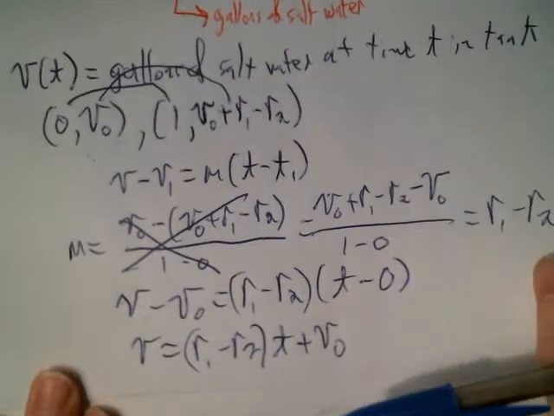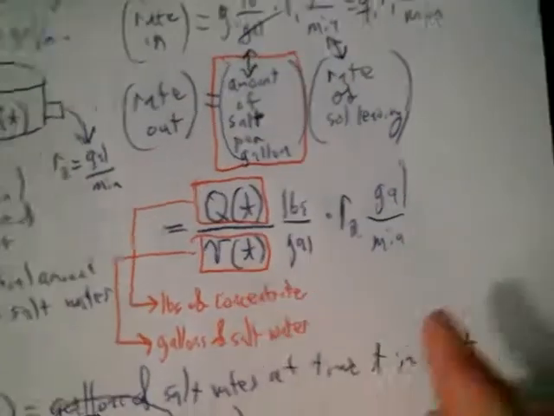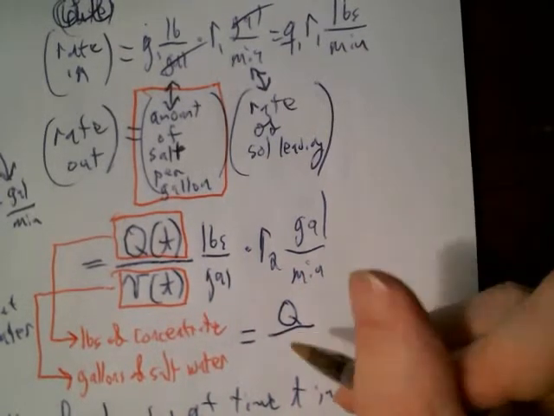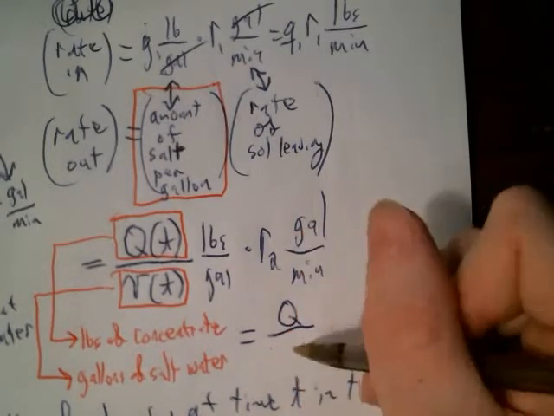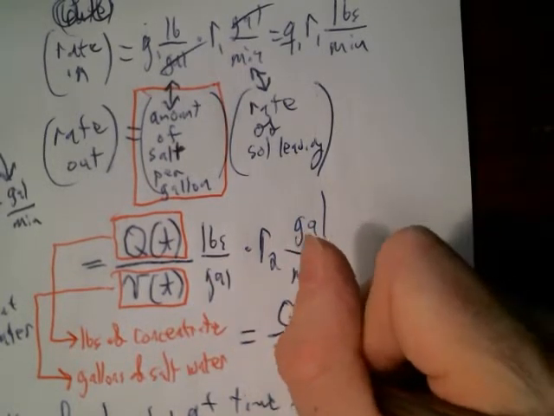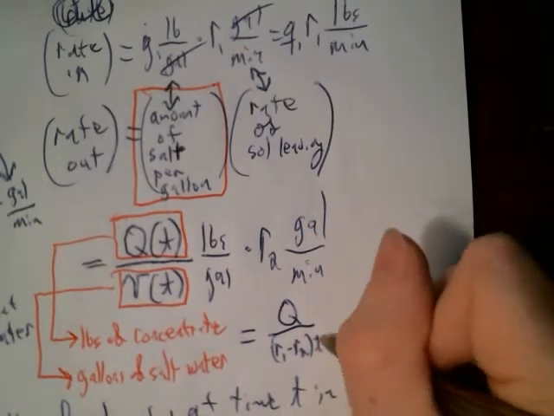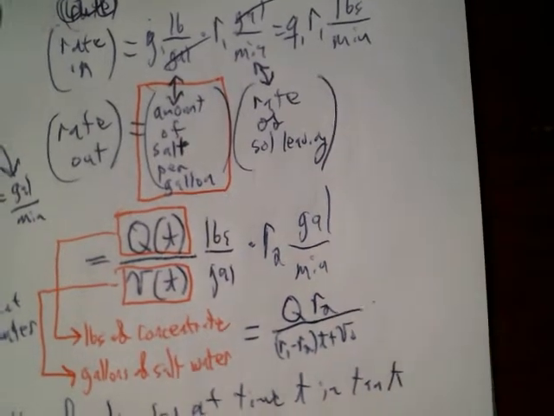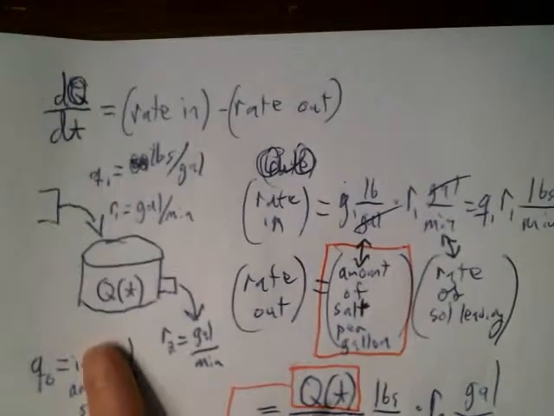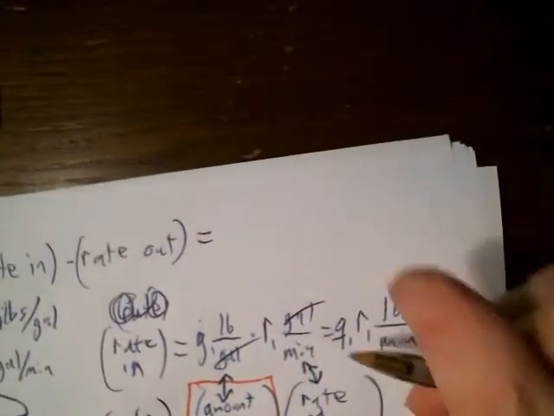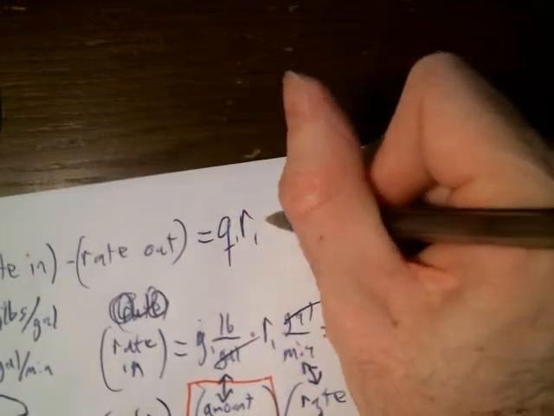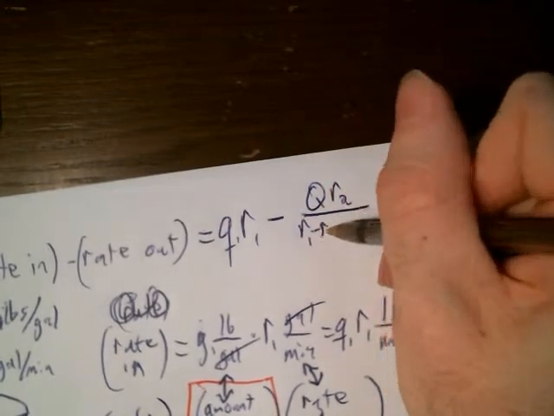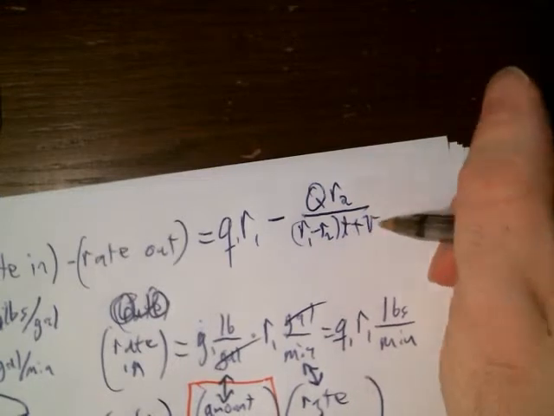Plugging that into the expression, it becomes Q over V of t, which is R1 minus R2 t plus V sub 0, times R2. So the differential equation is just Q1 R1 minus Q R2 all over R1 minus R2 times T plus V sub 0.